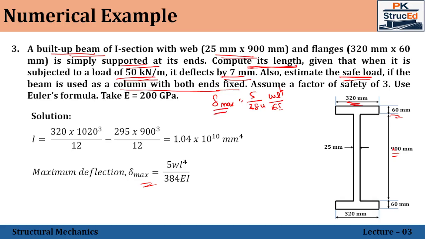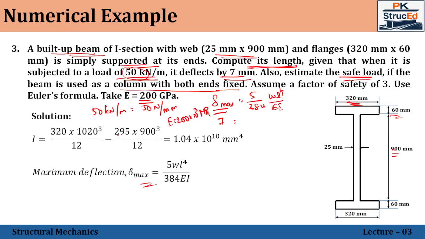The maximum deflection has been given as 7 mm on the left side. Regarding the right side, W has been given as 50 kilonewton per meter, which is equal to 50 Newton per mm. Keep it as such. L only we are supposed to find out. Regarding E, it's been given as 200 gigapascal, which is nothing but E equal to 200 into 10 power 3 megapascal.